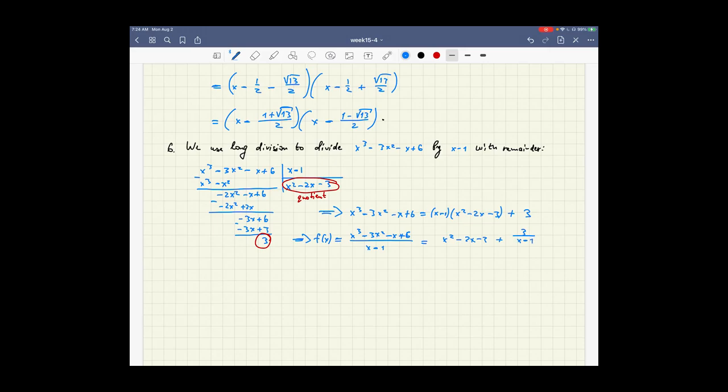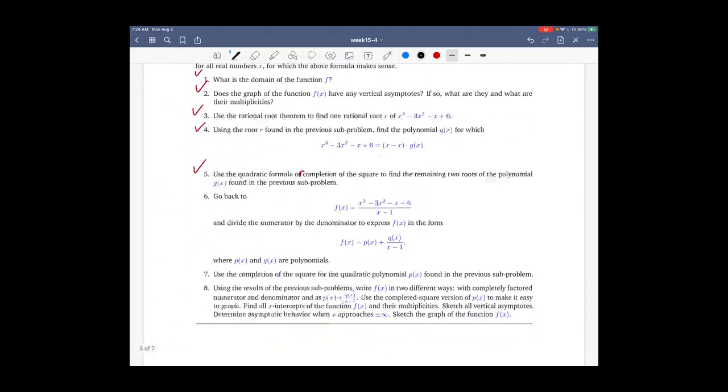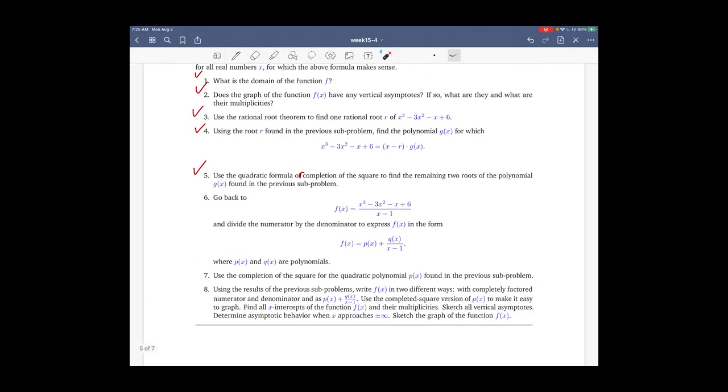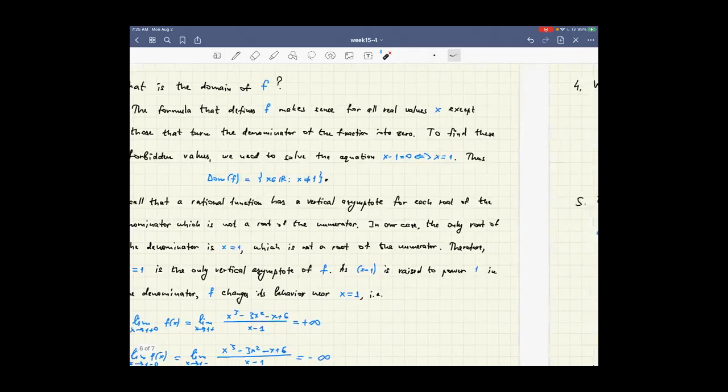And therefore, remember the question talks about some p and some q. So our p is that quadratic polynomial and q is 3, the remainder.